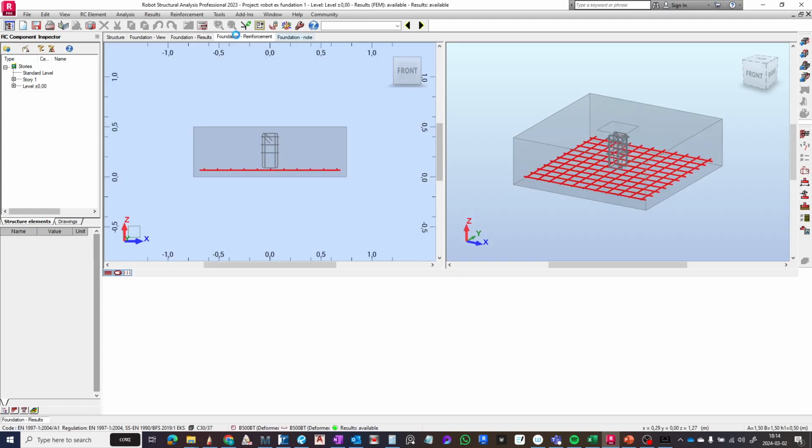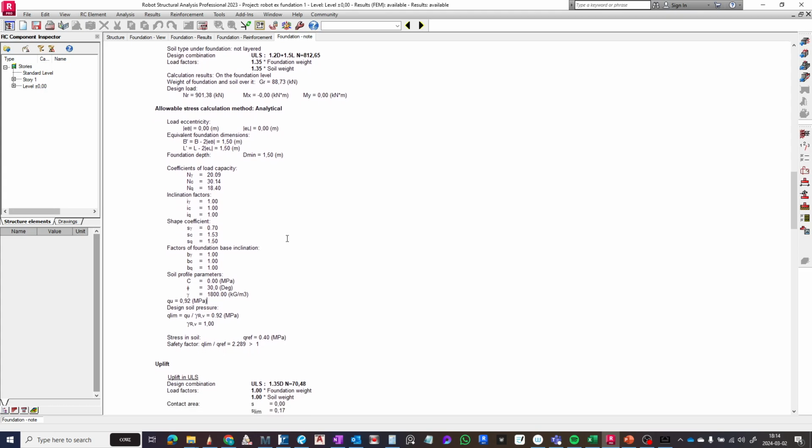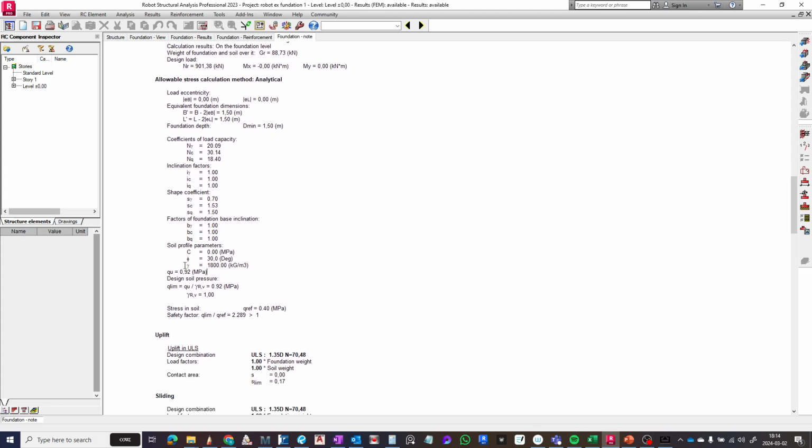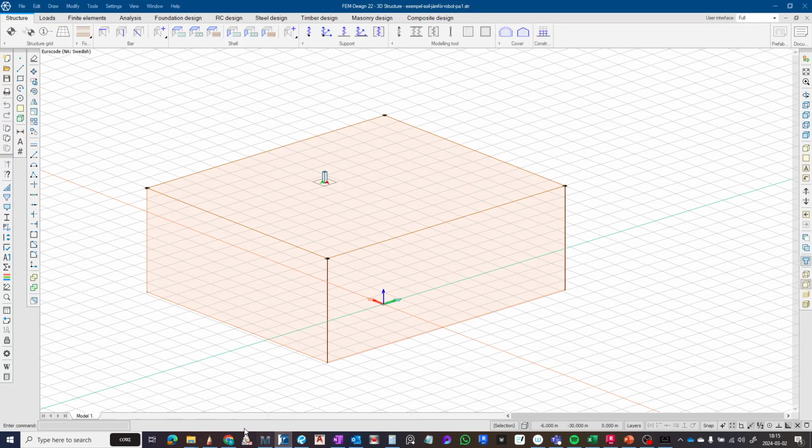After giving these calculations, we have here the spread footings, and here is the information about the calculations for the bearing capacity. We have here 0.92 megapascals bearing capacity, and we have a safety factor around 2.2, which is bigger than 1. That's correct. A reference of the loads as well.